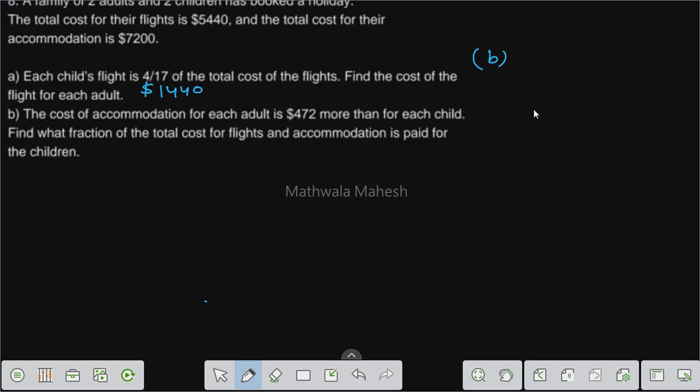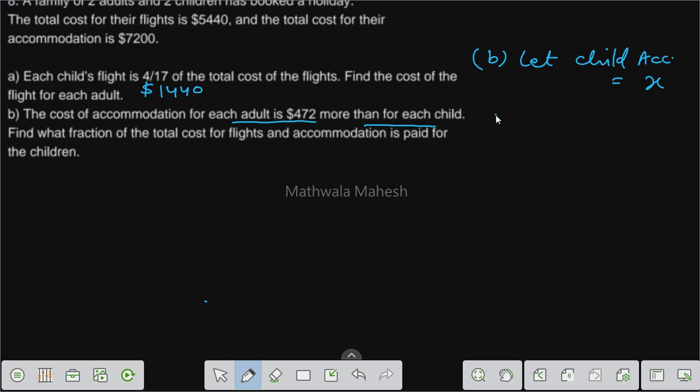If we let the accommodation for a child equal X, then for each adult it is 472 more than for each child.